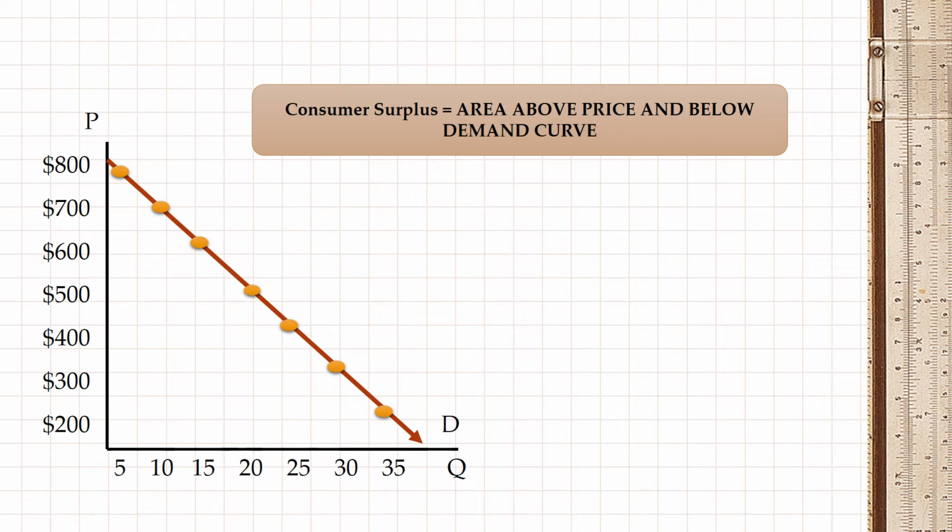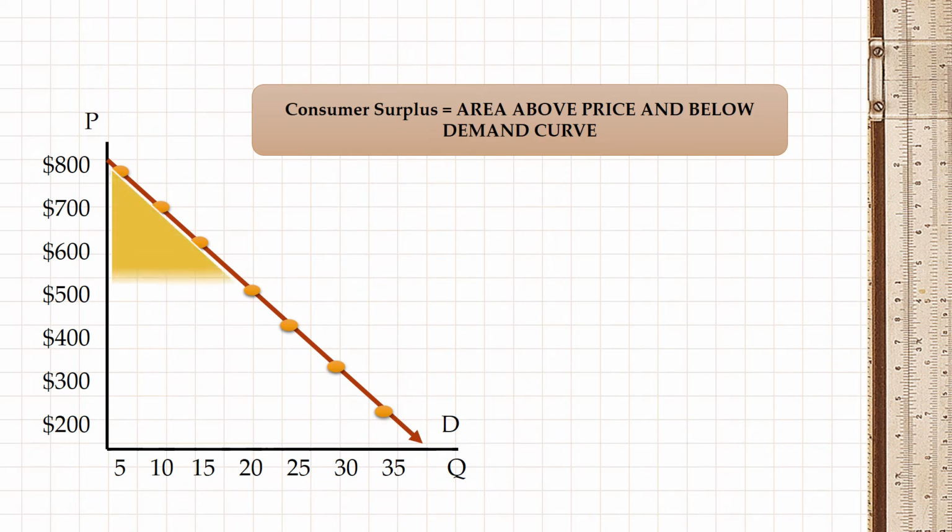So following up with the previous example where you want to buy a mobile phone and the highest price you were willing to pay was $800, but you actually paid $500. So you received a consumer surplus of $300. Depicting it graphically, consumer surplus is the area above the price and below the demand curve.